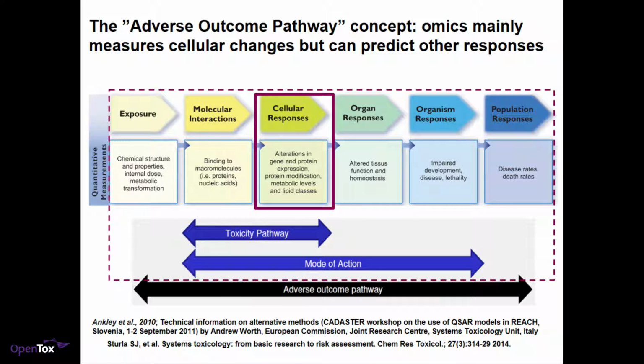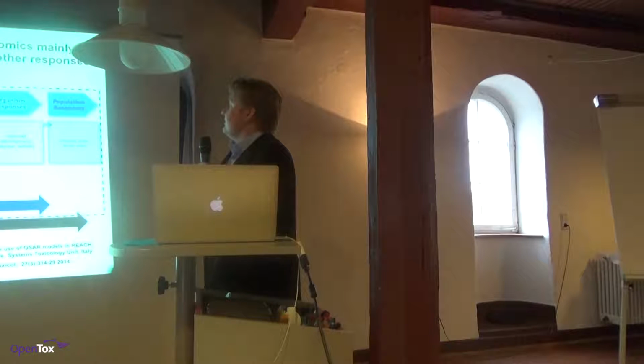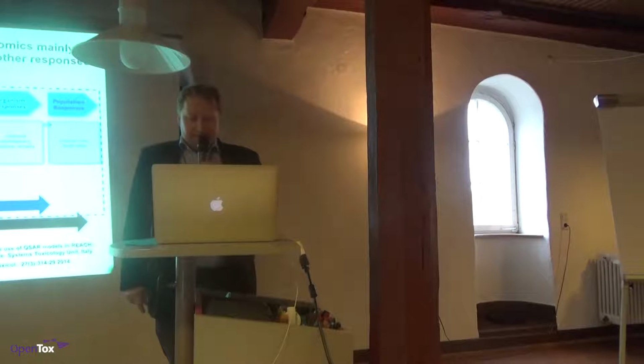It can also be used to predict organ and organism responses. This is essentially what we like to do. By constructing evidence and arranging it in this sort of adverse outcome pathway, this is what toxicologists eventually hope to do.